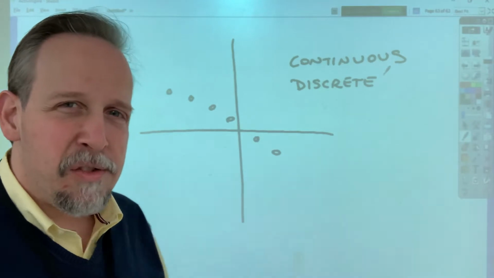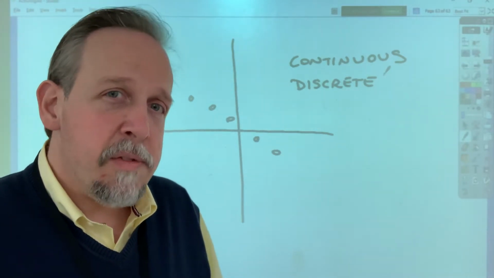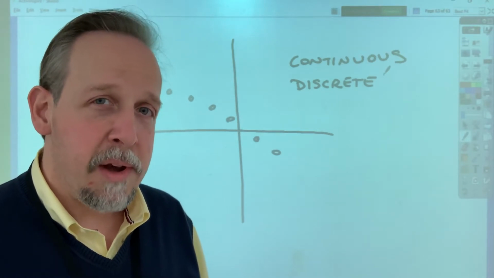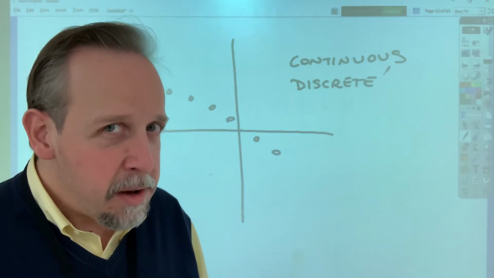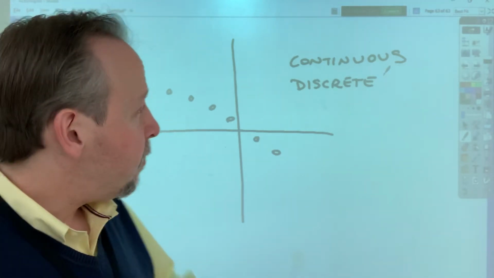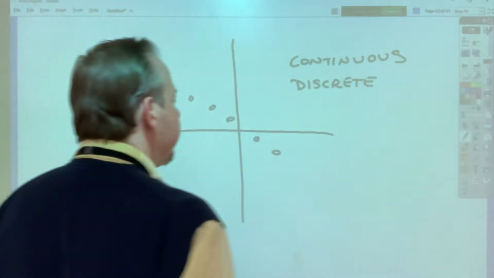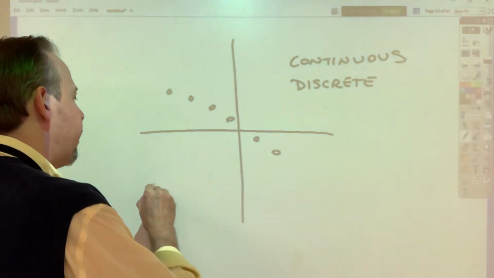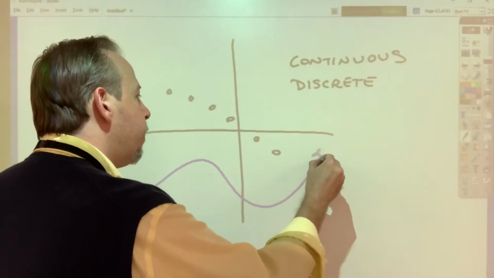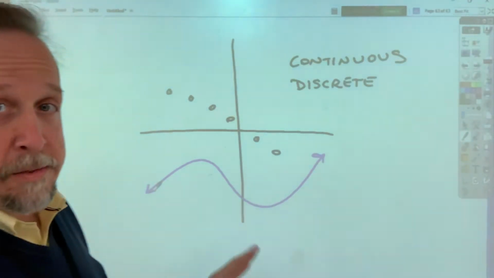But this is just dots. We call that discrete. Each individual dot shows you an input and an output for that function, but nothing exists that's not a dot. So this is a discrete function. An example of a continuous function would be perhaps what I'm drawing in blue right now. It's a function because it passes the vertical line test.